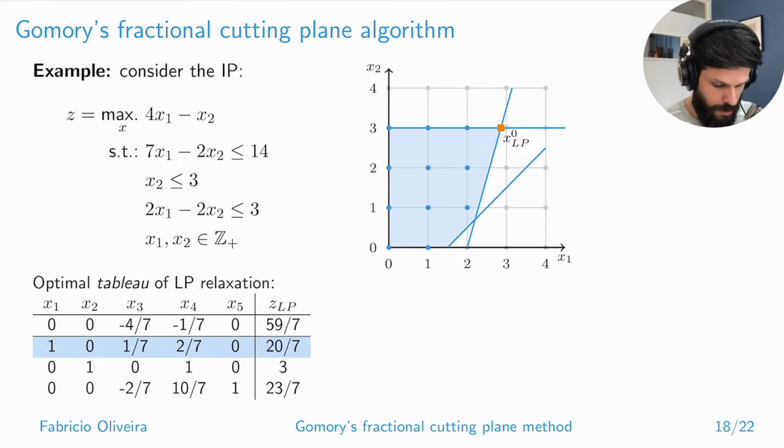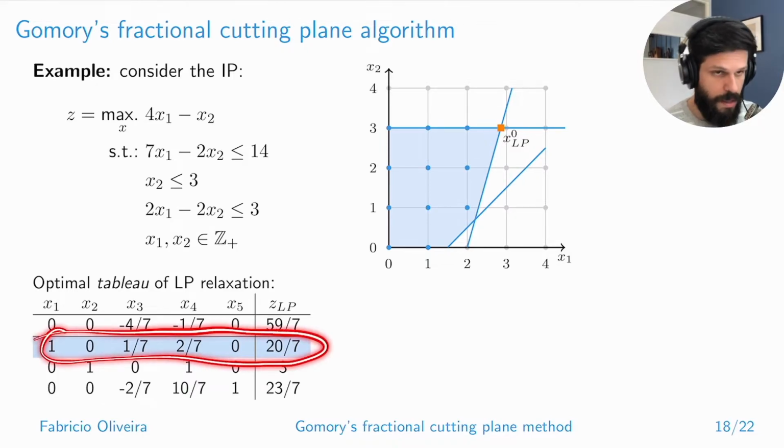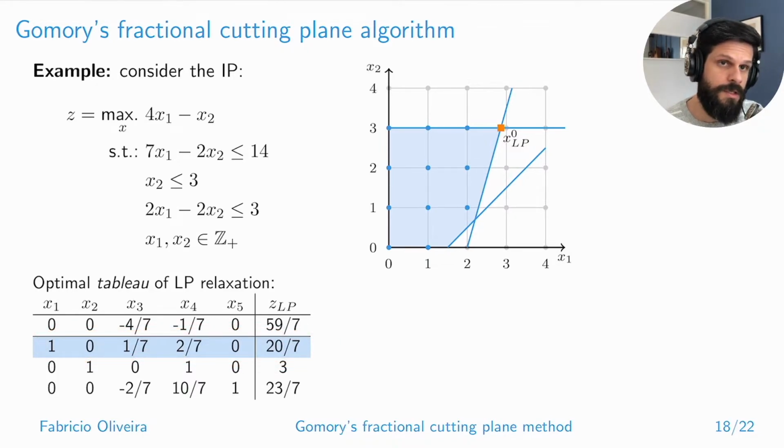So here, notice I have this variable that is fractional. So I'm going to choose it arbitrarily to make it integer, meaning that I'm going to use the Chvátal-Gomory procedure to generate a valid inequality. And how does that go?